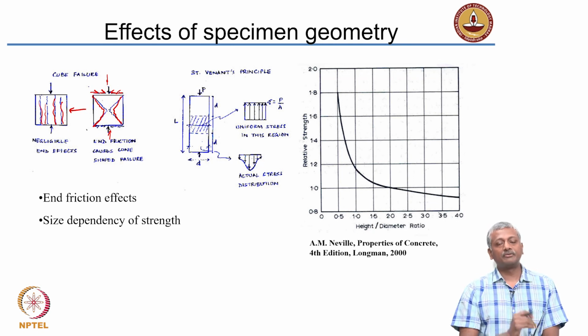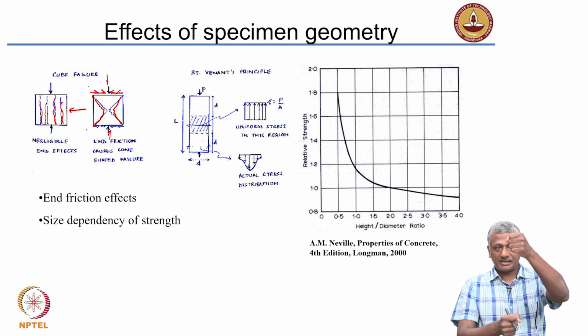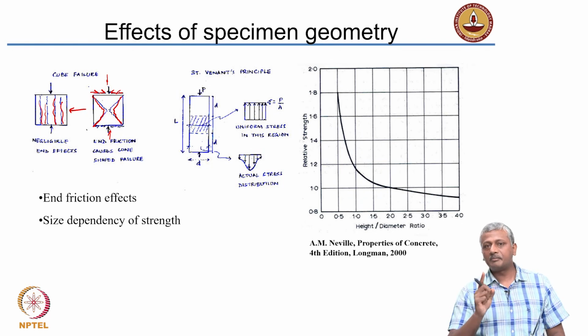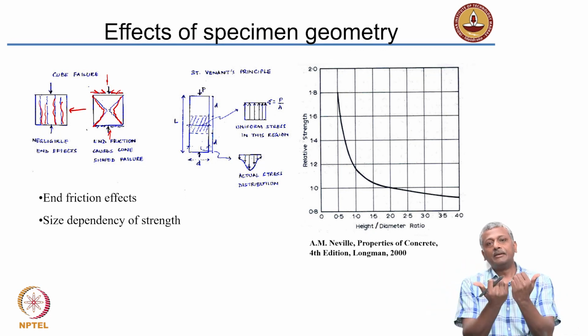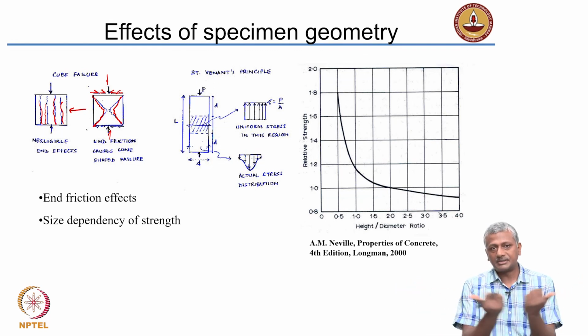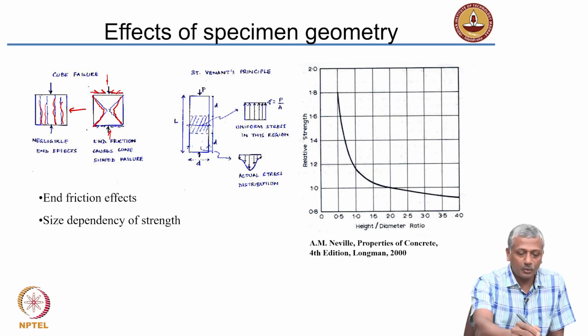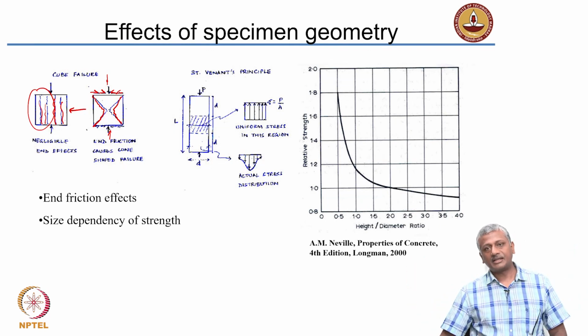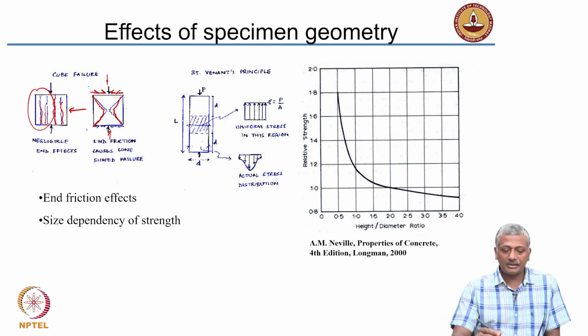If there is no friction, you will get vertical cracking because the compression causes an exceeding of the lateral tensile capacity. Please remember, for any material to fail in compression is very difficult. What typically happens is most materials that are compressed bulge out and exceed their lateral deformation capacity in tension, and that is why you get cracks which are parallel to the load here. Whereas, when you have friction, you start getting cracks that get inclined, and that is because of the effect of the friction. Now, why is this any different in a cylinder? As I said, a cylinder has L by D of 2.